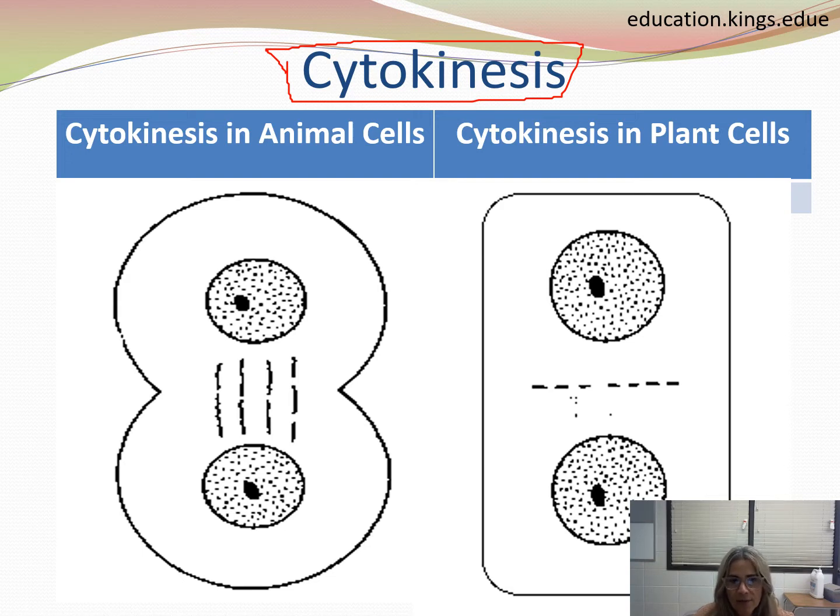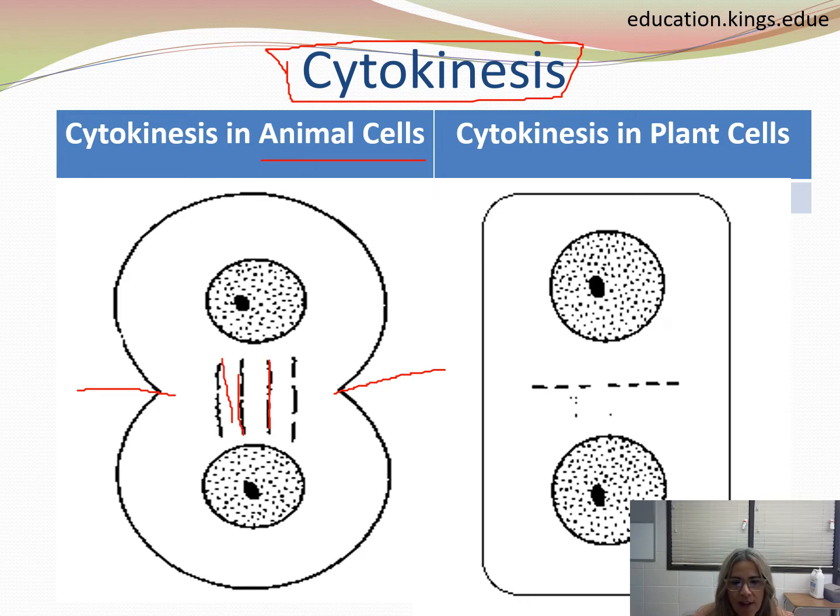So when we have cytokinesis in animal cells, we have something called a cleavage furrow. Because animal cells do not have a cell wall and their cell membrane doesn't have that rigid outer part, it's a lot more flexible, so the sides of the cell will pinch in and we get this furrow.